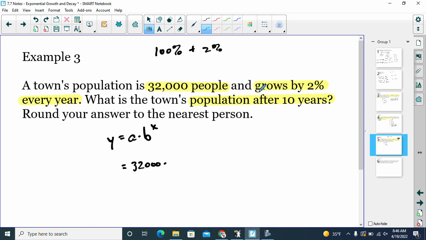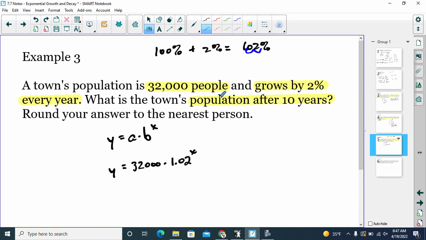We are adding because it's increasing, it's growing, to give me 102%. We don't want to put 102 in. We need to change that percentage to a decimal. The decimal point right now is right there, and we're going to move it 2 places to the left. So our B value should be 1.02. There's our formula. Y equals 32,000 times 1.02 to the x.